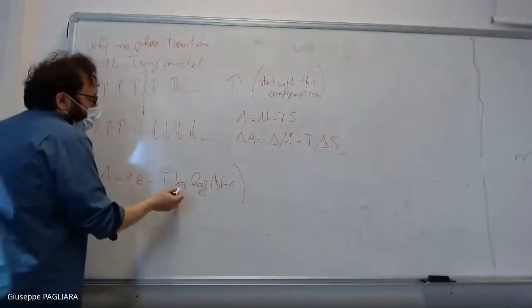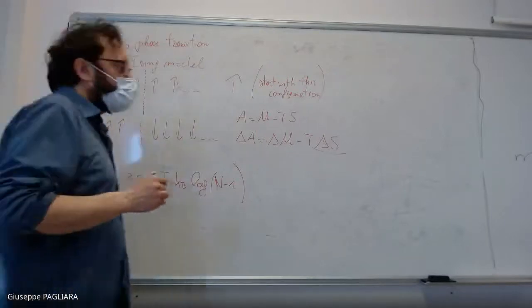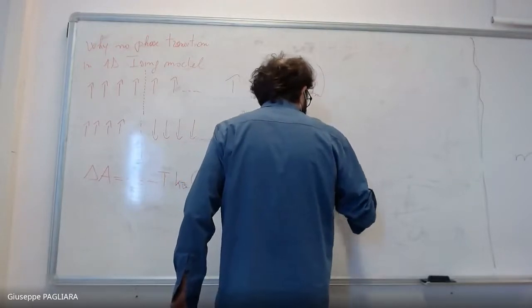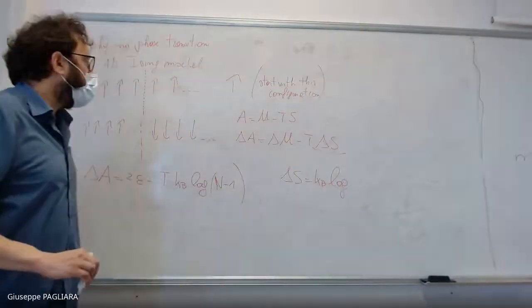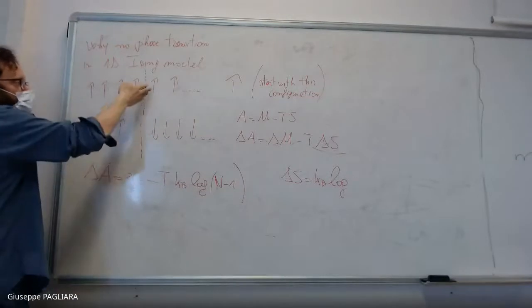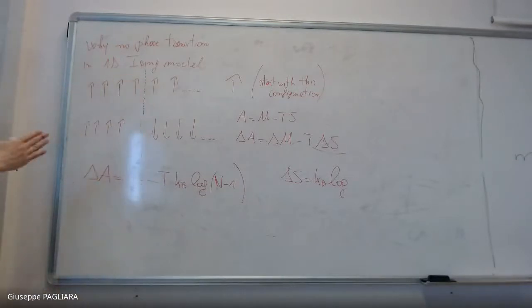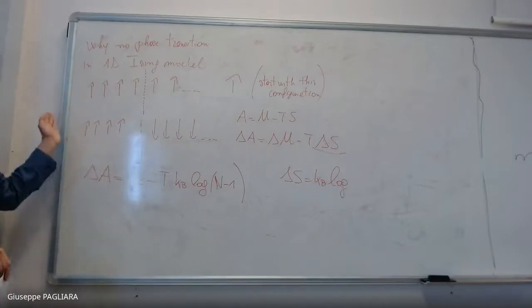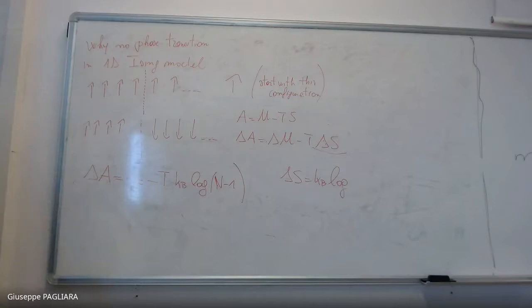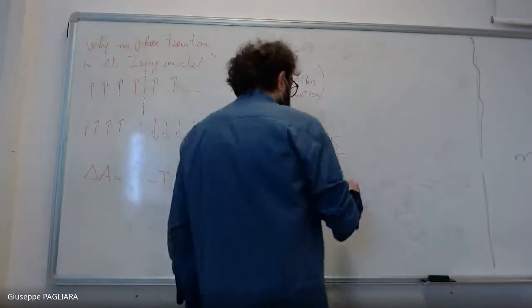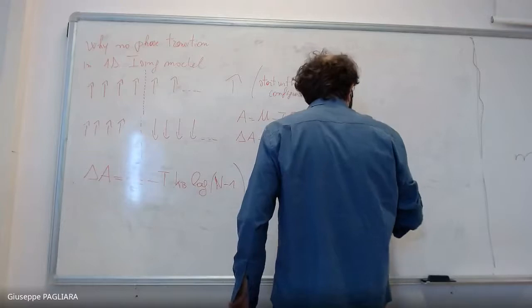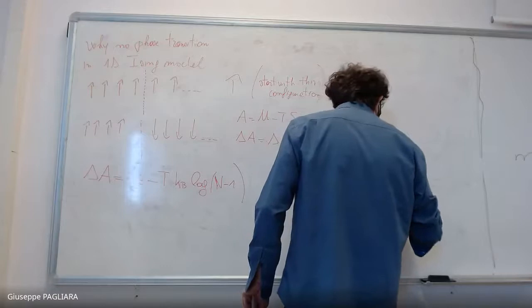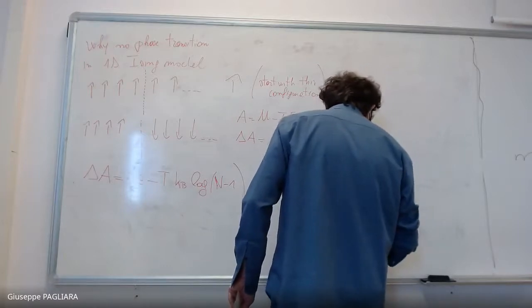The variation of entropy must be k_B times the log, no? It's k_B times the log of how many ways I have here to separate the spins, to have some of them on the right and some of them on the left. I have N minus 1 ways to separate the spins. So N minus 1 is the number of ways of separating the spins.